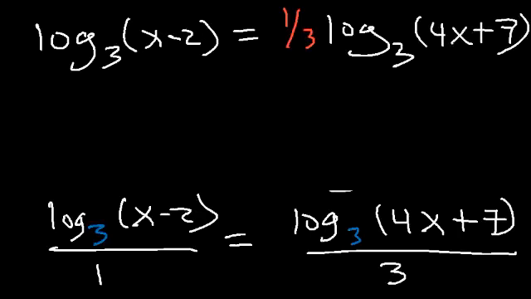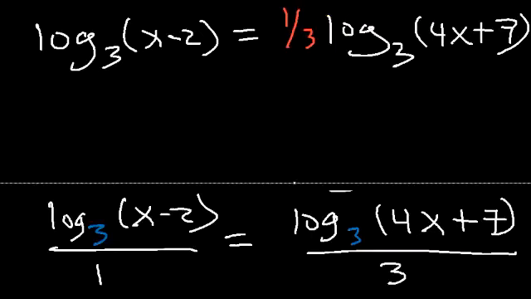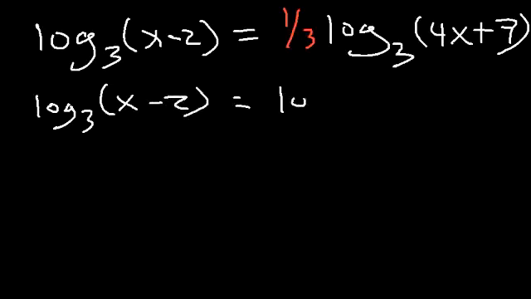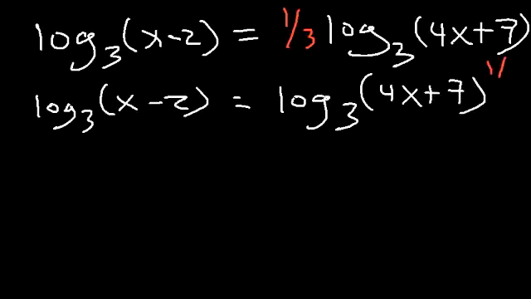A property of logs allows us to move the constant in the front to the exponent position of the 4x plus 7 term. So now we're going to have log base 3 of x minus 2 is equal to log base 3 4x plus 7 raised to the 1/3.